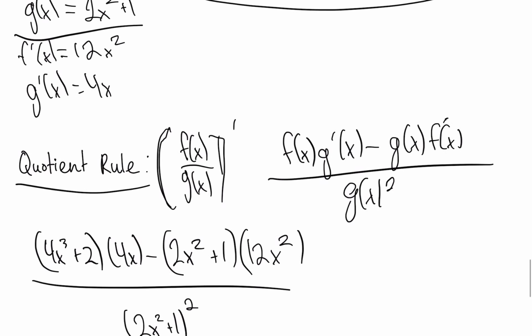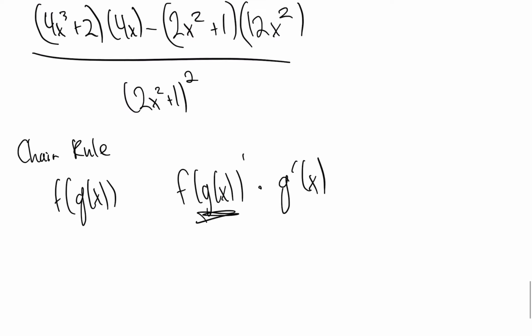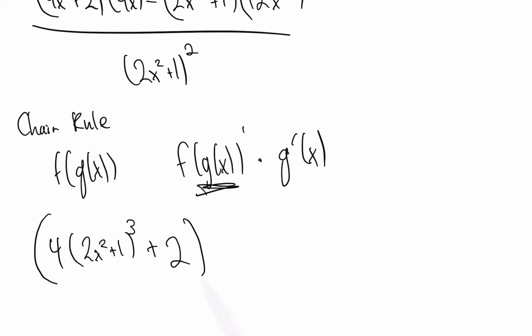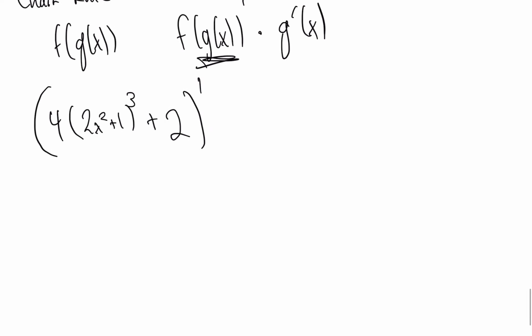So in our case, which is going to be a little complicated, we have 4x cubed plus 2, which is our outer function, and we have 2x squared plus 1. So you do 4 times (2x squared plus 1) cubed plus 2. And we want to differentiate that, right?